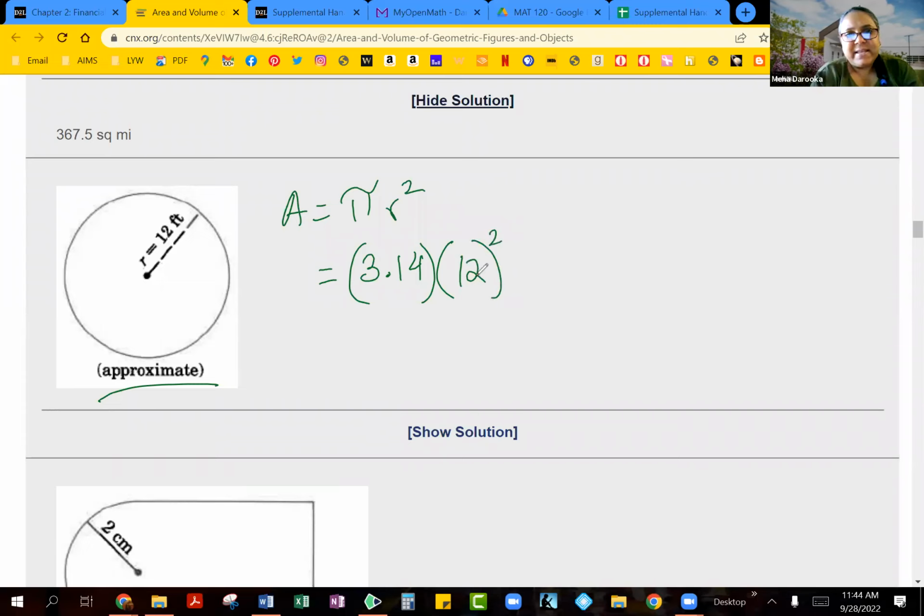Let's see how the unit comes out. Since you are doing r squared, you're basically taking 12 feet multiplied by 12 feet. That's where you see feet times feet, so that's where the square feet will come from. And then basically you are just multiplying the 3.14 with 12 times 12.